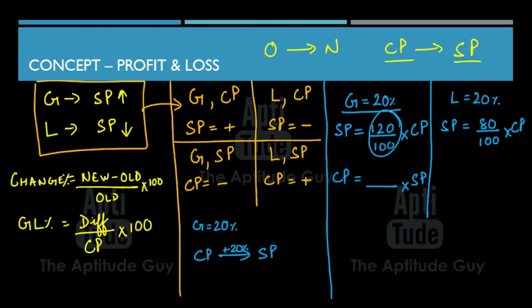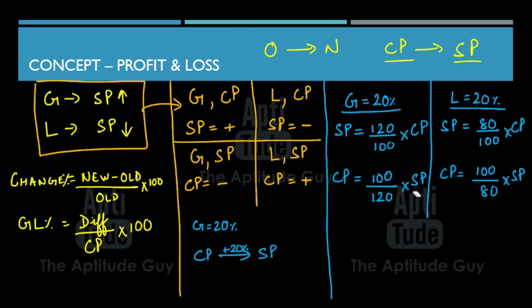It's already given over here. This thing will go to the other side and become opposite, reciprocal. It will become 100 by 120. That's it. Similarly, when loss is 20%, cost price is how many times of selling price? 80 by 100 becomes reciprocal, so it becomes 100 by 80.